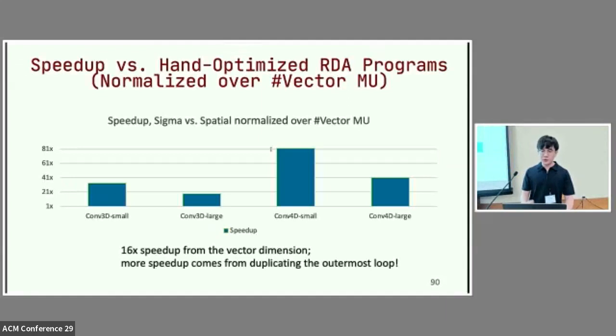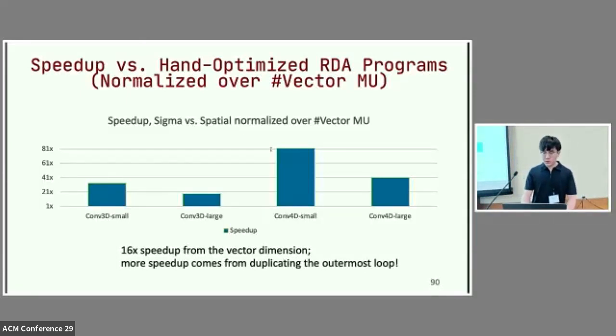At last, we show speedup versus hand-optimized RDA programs normalized over the number of vector memory units, and this gives us a better idea of the benefits that Sigma brought over vanilla Spatial. When normalized over the number of vector memory units, we see on average about 40x speedup over the vanilla Spatial program. The benefits come from two dimensions.